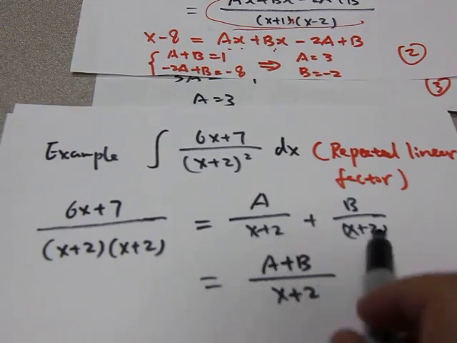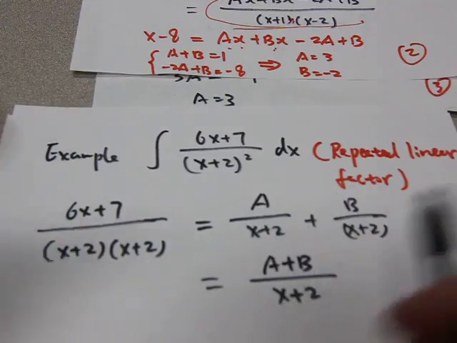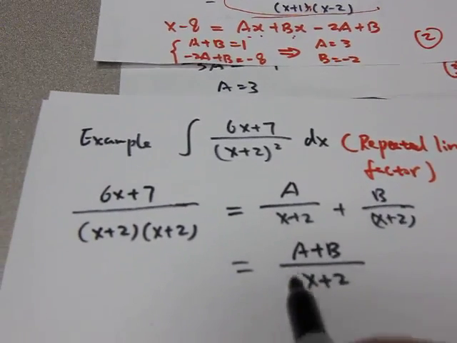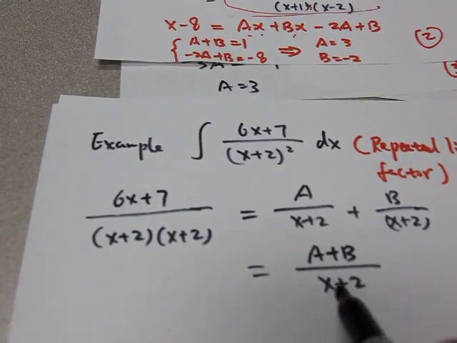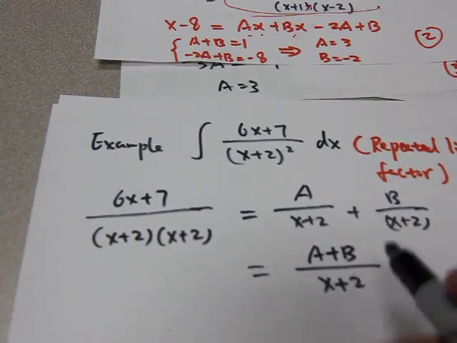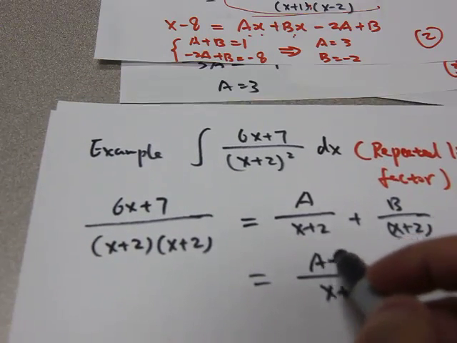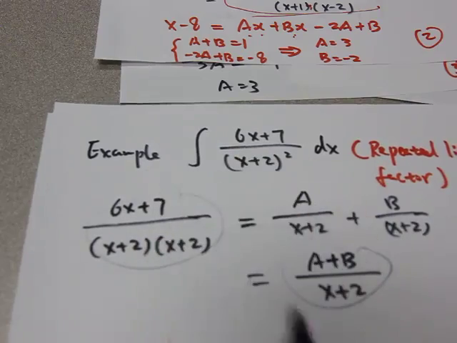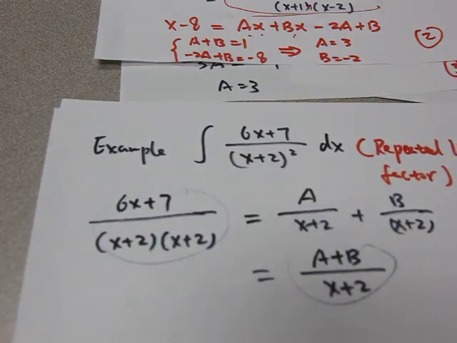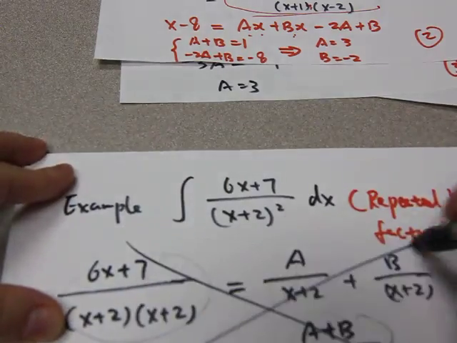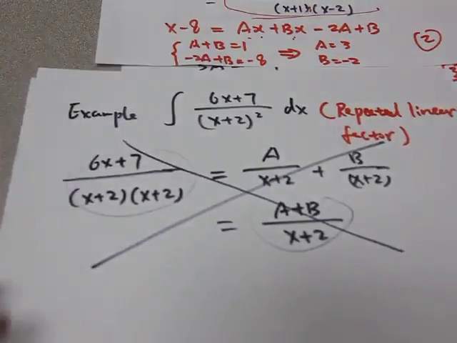Because right now the denominators are the same, so you don't have to do anything. You can just add them directly. So therefore you can never compare this with this, right? So this is not the pattern we're going to use.